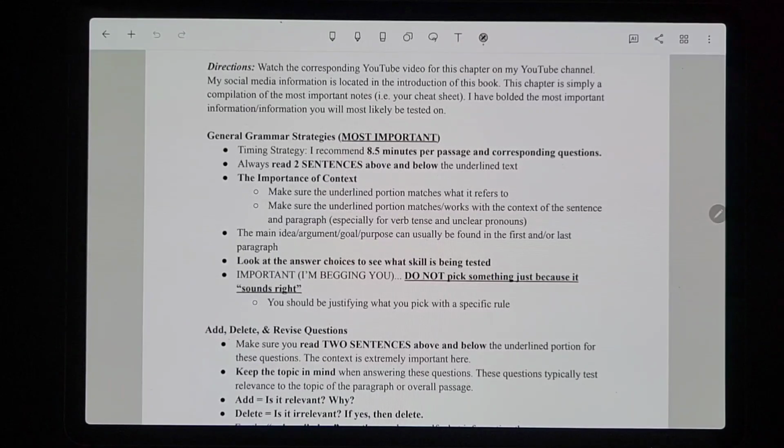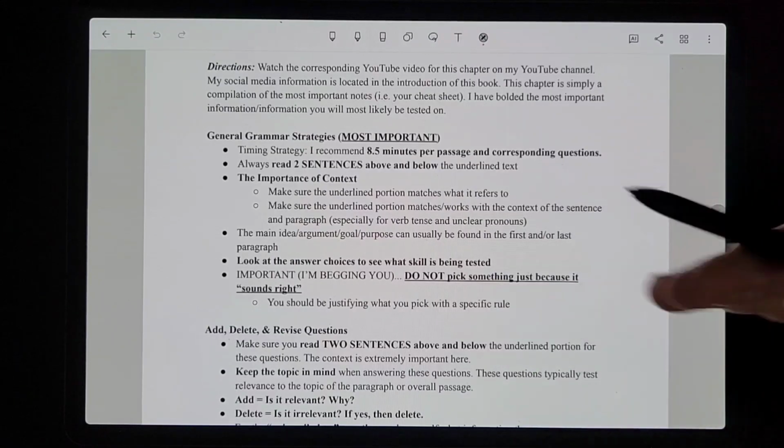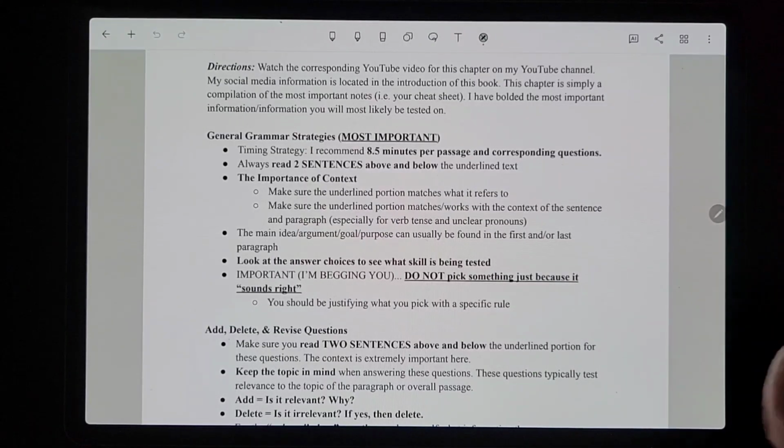So remember, don't just look, and that kind of goes with reading two sentences above and below the underlined portion, because you can't just go off of the sentence in isolation. There could be other stuff in the paragraph that makes the sentence wrong. Even if you could write the sentence by itself correctly, it might be wrong just because it's in that specific paragraph.